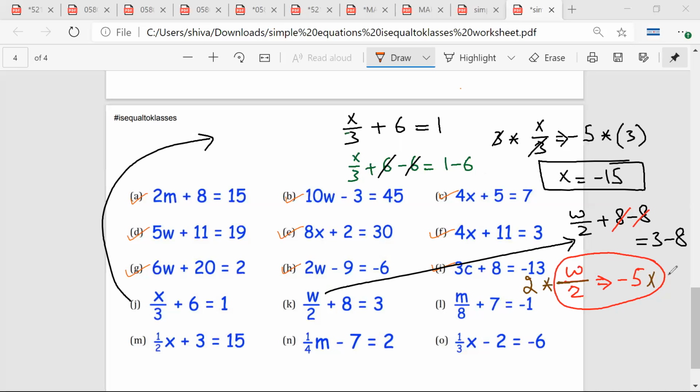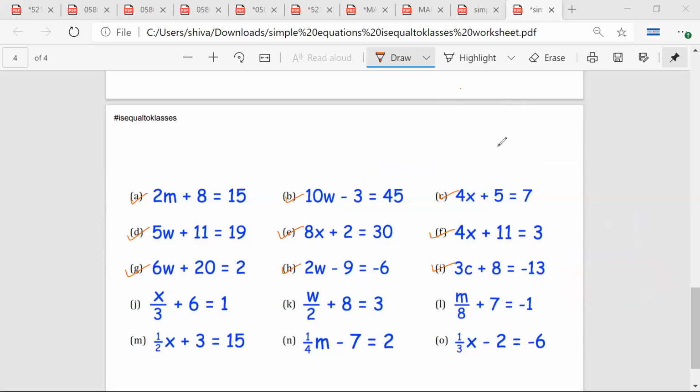Beta, any confusion? No, sir. Whatever you want to eliminate, just have a look at what you want to eliminate. Okay. Is there any confusion? No, sir. Mr. Sarthak, any confusion? No, sir. So just have a look at the question and try to understand what you are trying to eliminate.